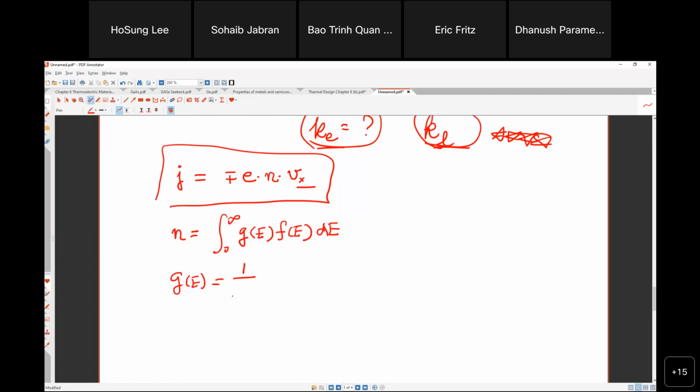It is 2 pi square, 2 m d star, the effective material property, divided by h bar square, to the 3 over 2, and energy.